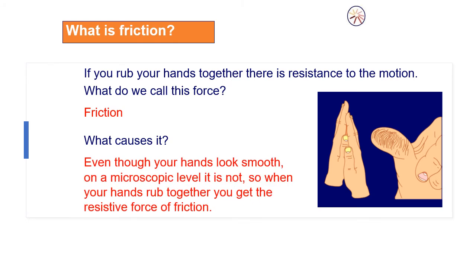But if you look with a microscope, it is not. At the microscopic level, your hand is not smooth. It will still have lots of irregularities on it. That is why when you rub your hands together, we get friction. Friction is due to the irregularities in the surfaces of the two substances you're rubbing together.